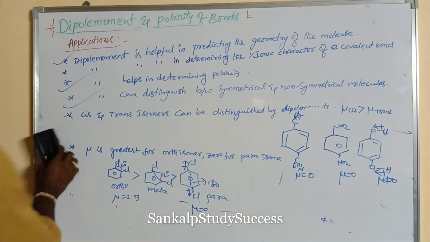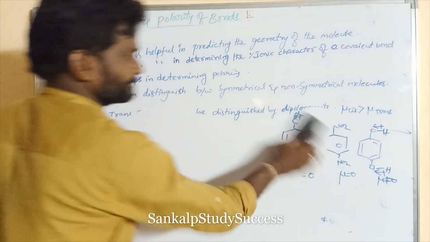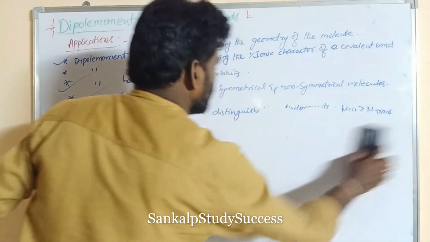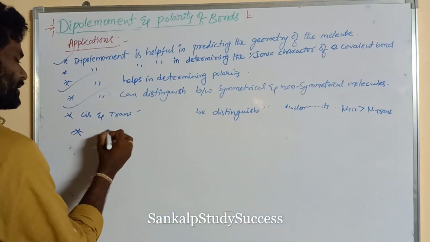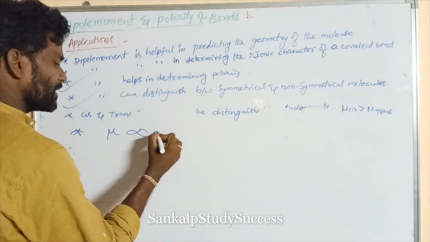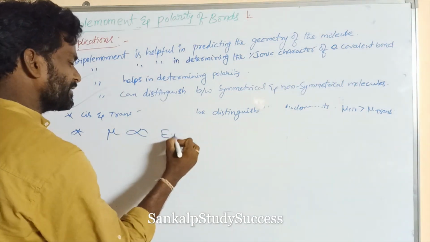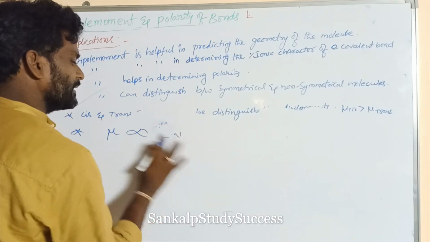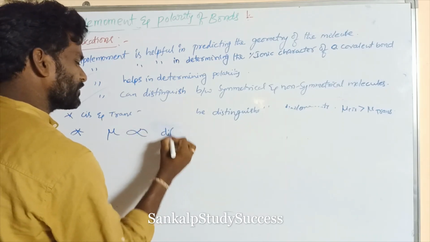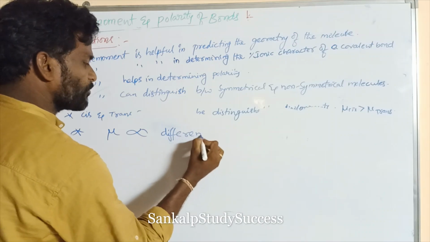Next goes to another example. The dipole moment is directly proportional to the difference in electronegativity. Mu means dipole moment.